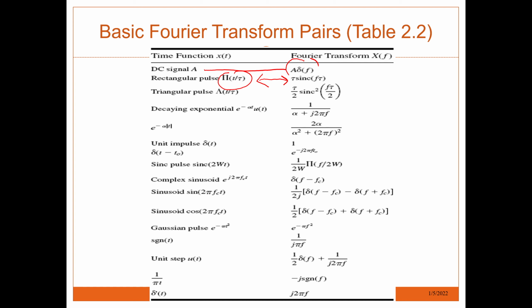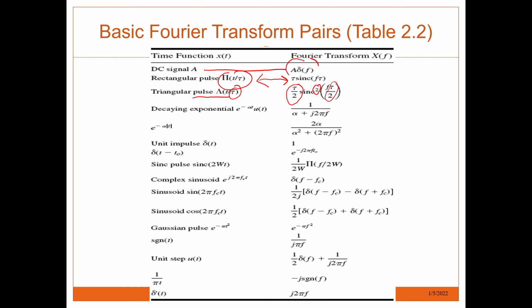And then if we have a triangular in the time domain, it will be sinc squared in the frequency domain. We have to consider that this is tau, so the argument is tau divided by 2, and also here, tau divided by 2.